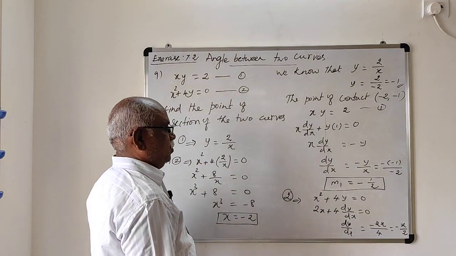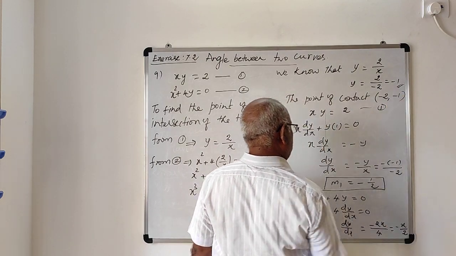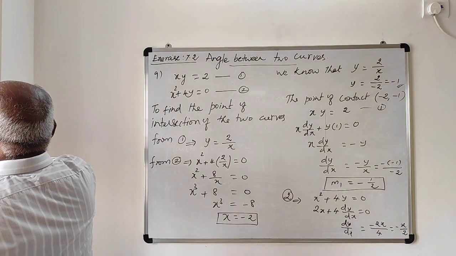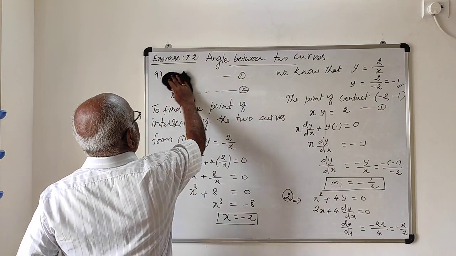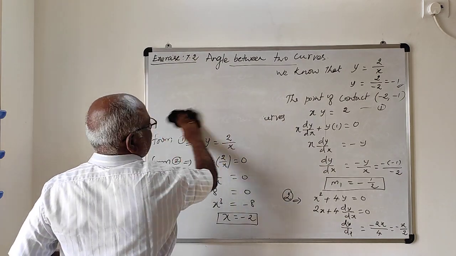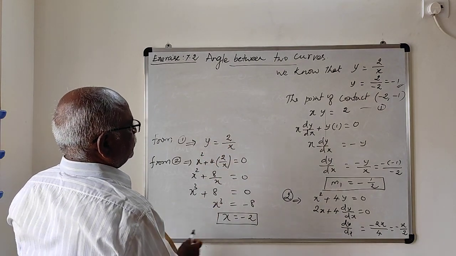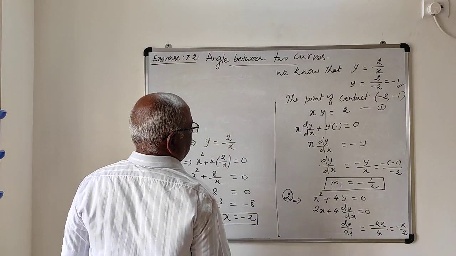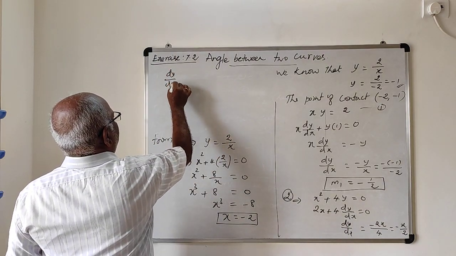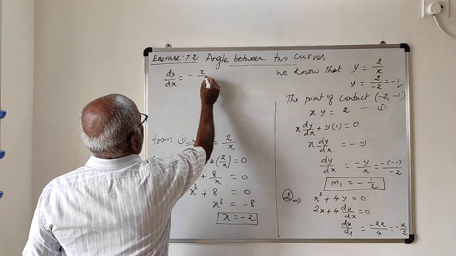The slope of the tangent for the second curve is dy by dx equal to minus x by 2.